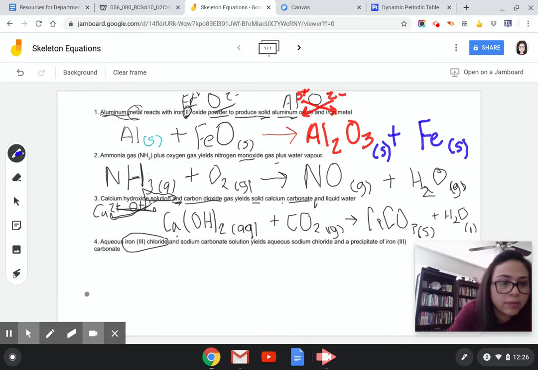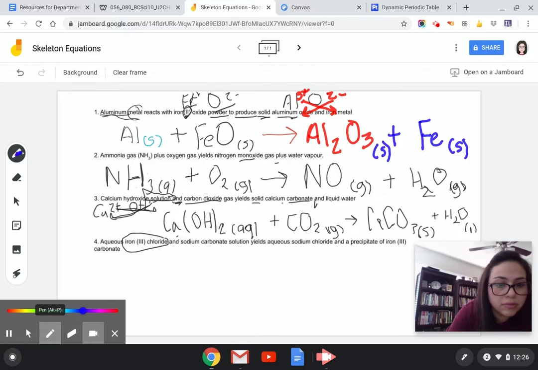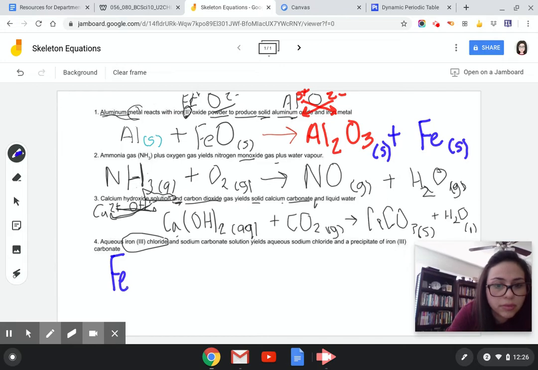So I'm going to try to write this in here. Now notice it says aqueous, so that's a given that we're going to abbreviate it as AQ. And that again is a solution, something that's been dissolved in water.